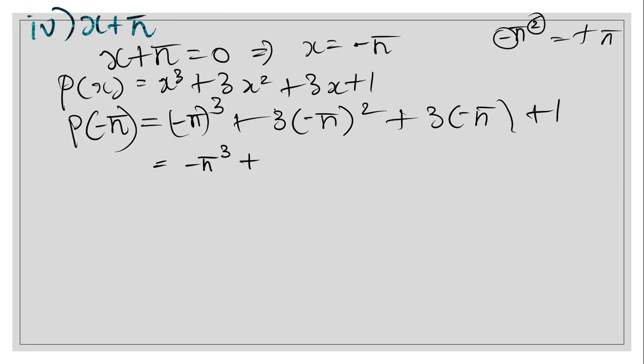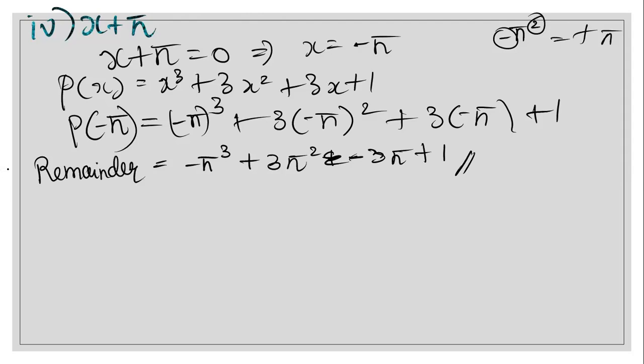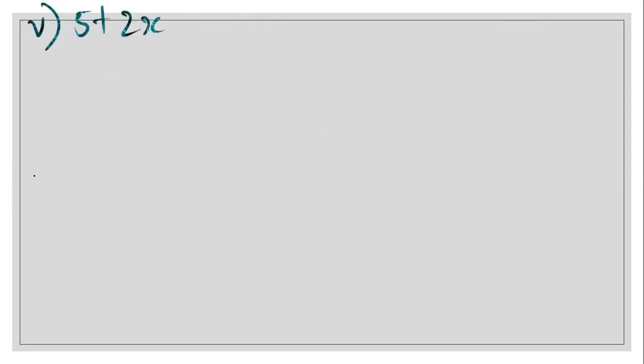So this will be 3 pi square. Minus into plus is minus 3 pi plus 1. So this is your remainder. Easy. So this is your fourth one.